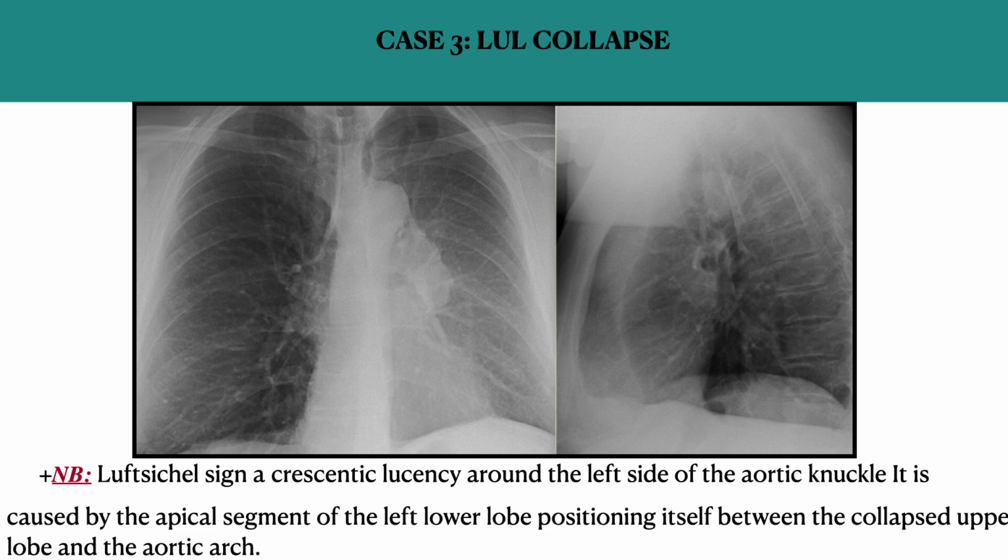And we can note that the Luftsichel sign may be present, where we can see a crescent of lucency around the left side of the aortic knuckle, which is caused by the overexpanded apical segment of the left lower lobe, positioning itself between the collapsed upper lobe and the aortic arch.